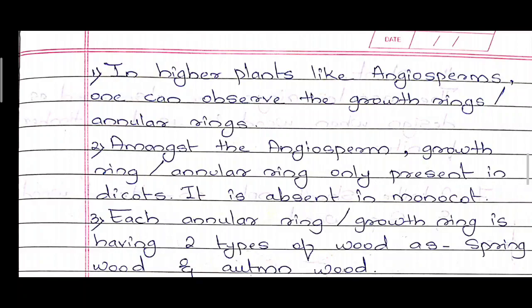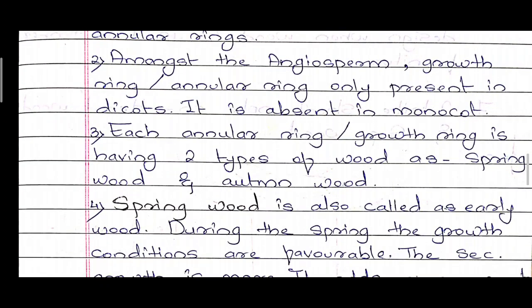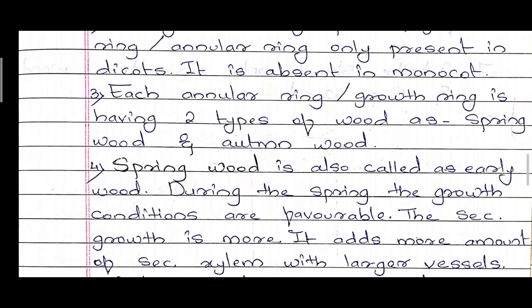Dicot plants are those plants which have two cotyledons, reticulate venation and the taproot system. Monocot plants have parallel venation, adventitious roots and a single cotyledon. So these annular rings are only observed in the dicot angiospermic plants.